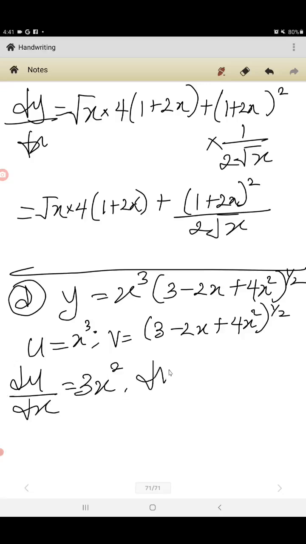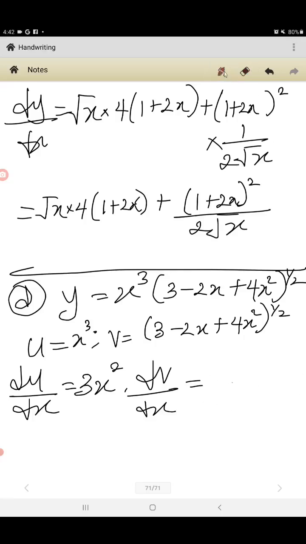Now, the derivative of v with respect to x, as I've said earlier, you have to apply the composite rule, which is half. That half, we multiply the whole value again, 3 minus 2x plus 4x squared. The half, let me write it in a place where it will contain it. I don't want to shorten so you're able to get it better, because it will be long.